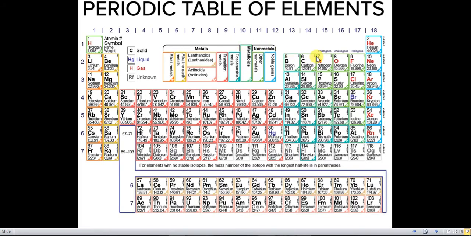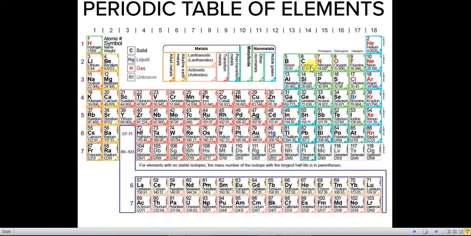metalloids. What are metalloids? Metalloids are those elements whose electrical characteristics, or we can say thermal, but better we use the word electrical, lie between conductors and insulators, or we can say metals and non-metals.